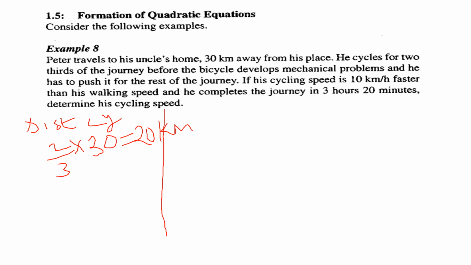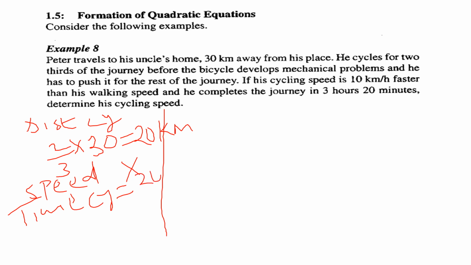First of all, we need to get the distance he cycled. The distance cycled will be given by 2/3 multiplied by 30, and in this case this is going to give us 20 kilometers. So 20 kilometers is the distance that he cycled.